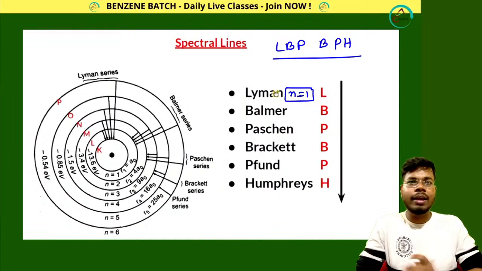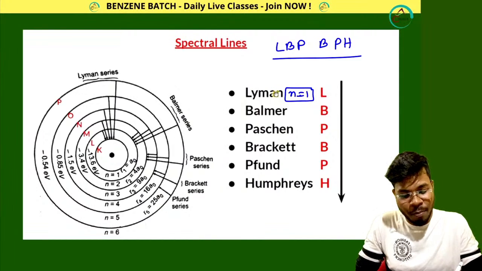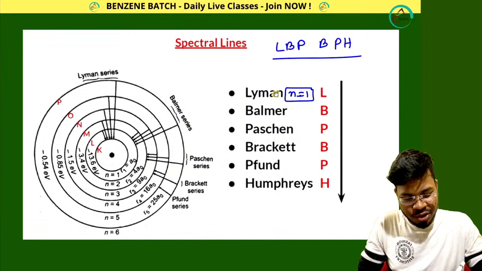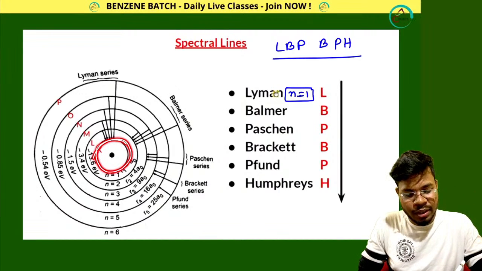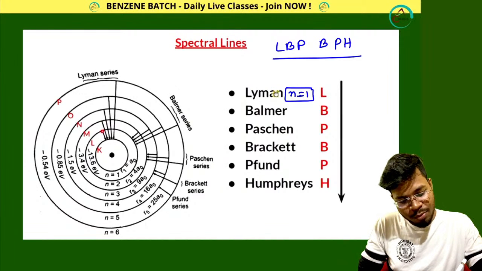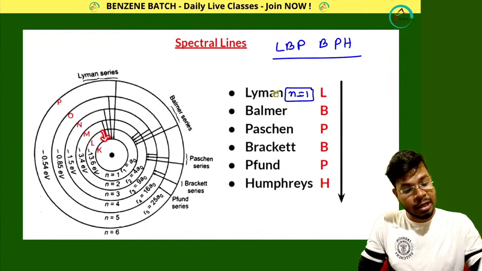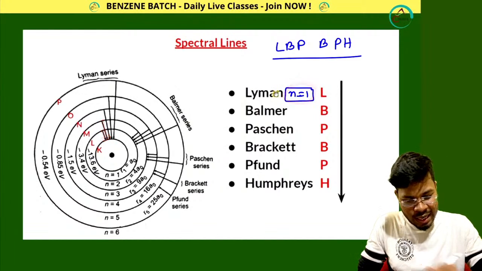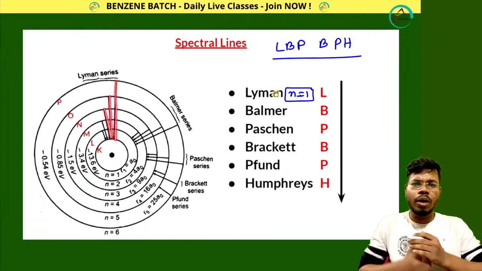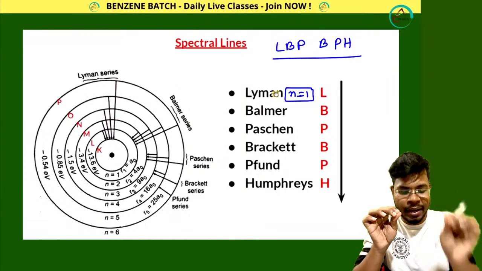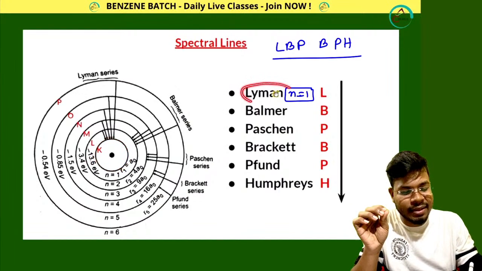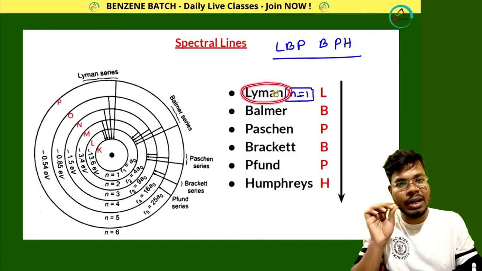When any transition happens from any higher energy orbit to the K orbit, maybe from the second orbit to the first orbit, third to first, fourth to first, fifth to first, sixth to first, whatever it is, if the transition is happening to the first orbit, you will be getting only the Lyman series.